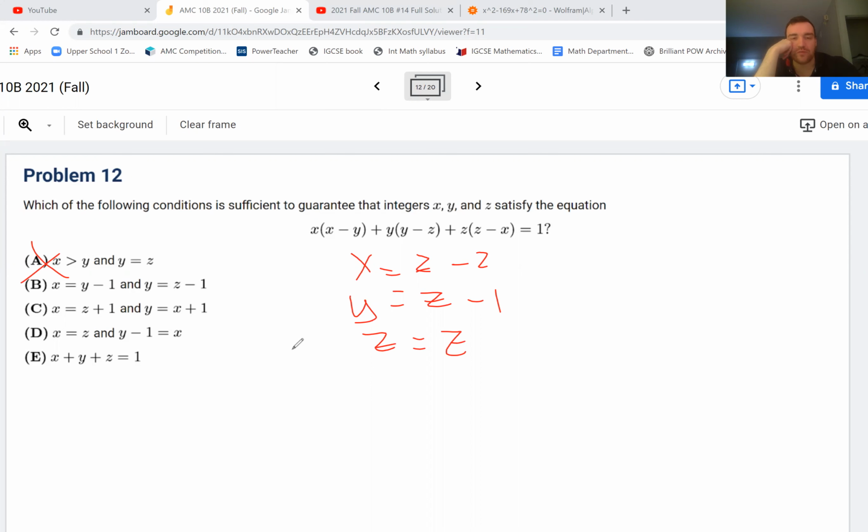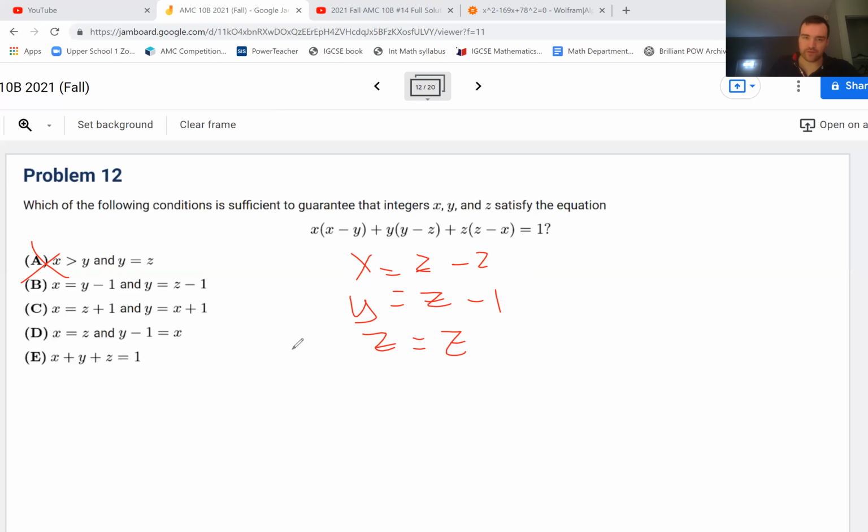I could just quickly do it mentally. Instead of writing it all out, I'm just going to mentally see what it comes out to.